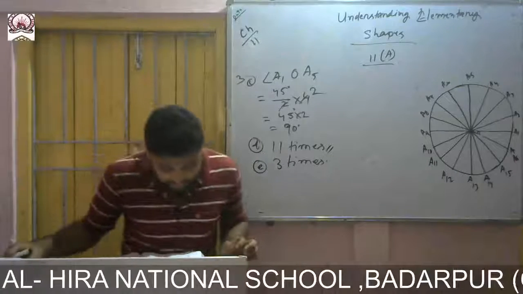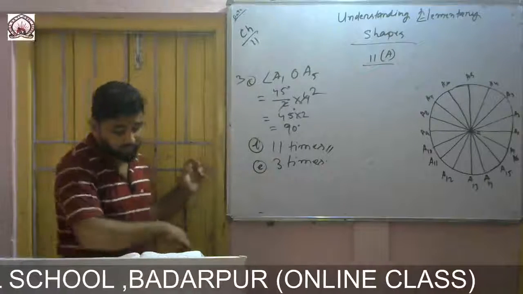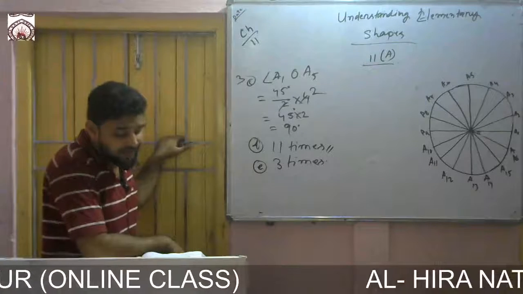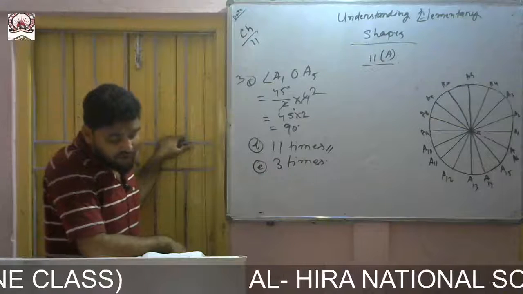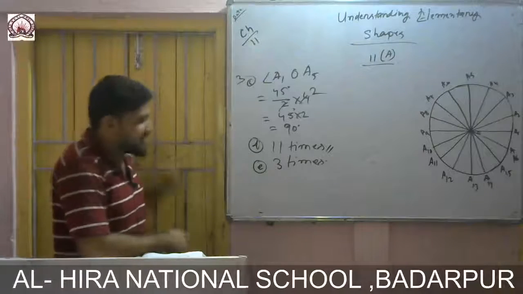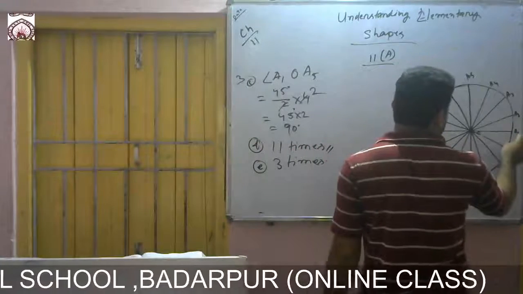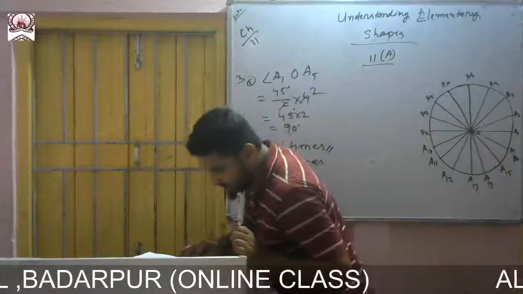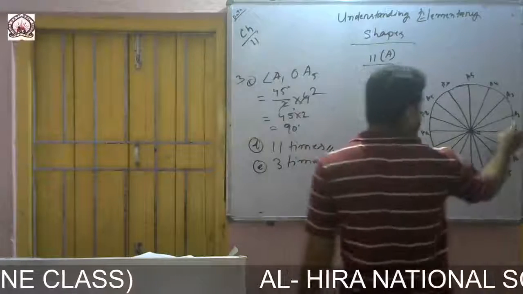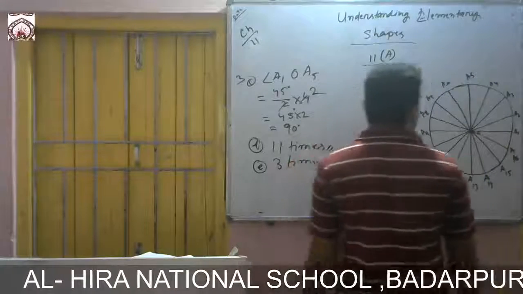What fraction of the whole revolution is the angle A5OA7?